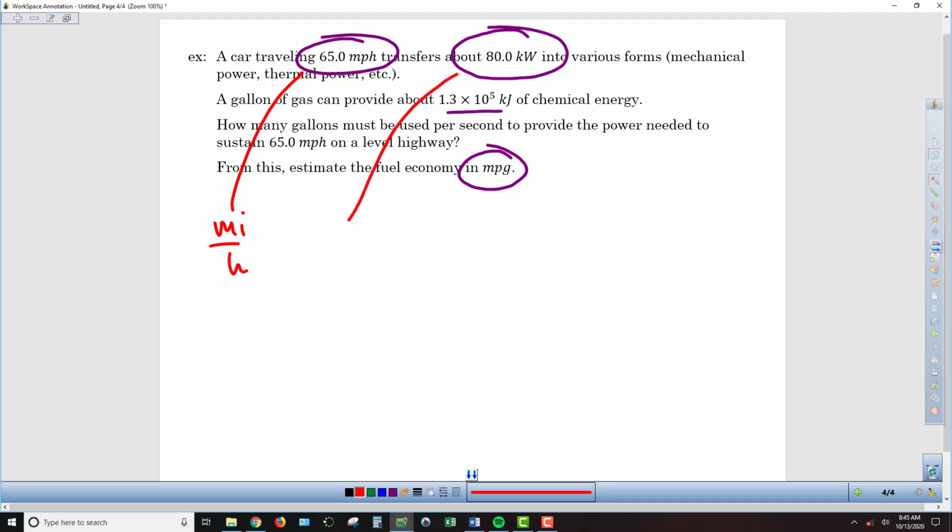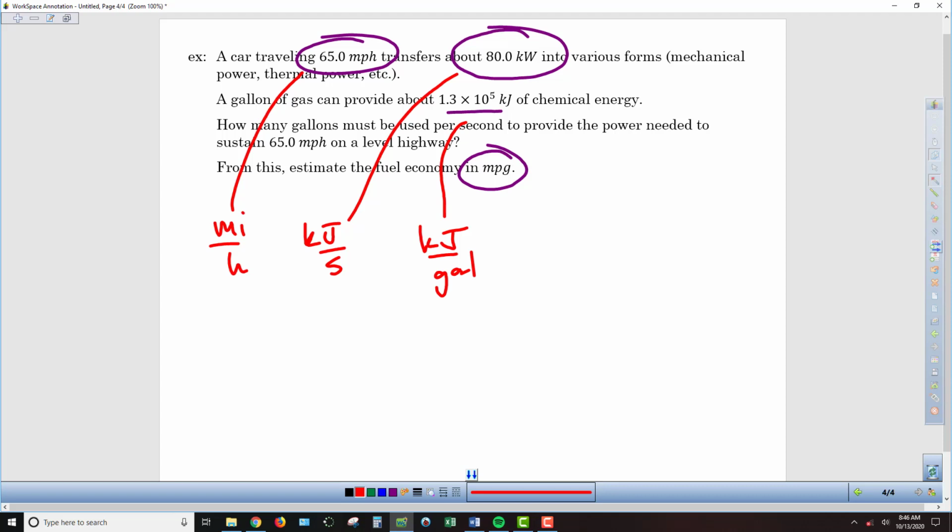For the power, remember that a watt is a joule per second, so I'm going to express that as joules per second, or kilojoules per second if we want to stay consistent. And then, of course, the 1.3 times 10 to the fifth kilojoules of chemical energy, that's per gallon. So we have kilojoules per gallon.